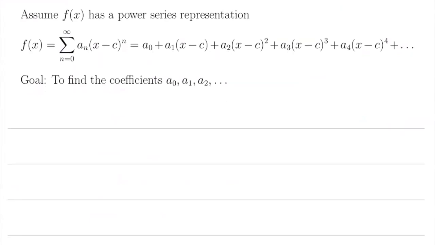Let's say you have a function f of x and you want to derive its power series. So we're going to assume that f of x has a power series representation.